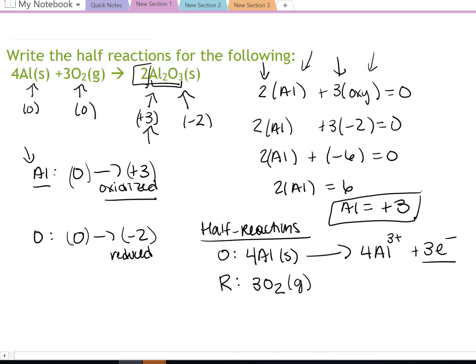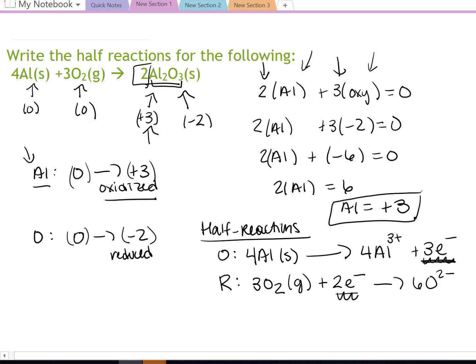Then it's going to gain 2 electrons for every oxygen in order to become 6 O 2-. Notice that on the left-hand side, we're putting the 2 electrons for reduction, whereas in oxidation, it's on the right-hand side. Also, notice that we have 2 electrons here and 3 electrons here.